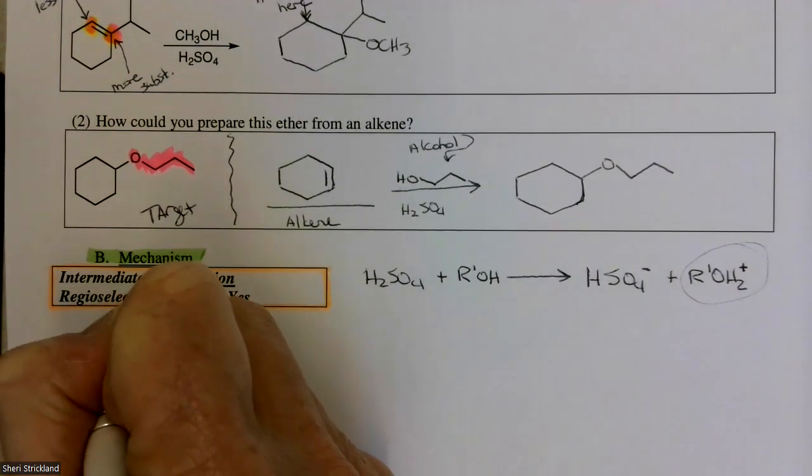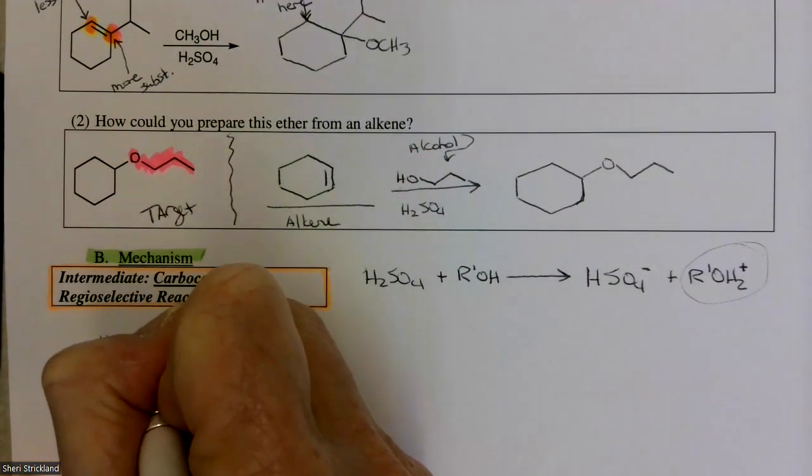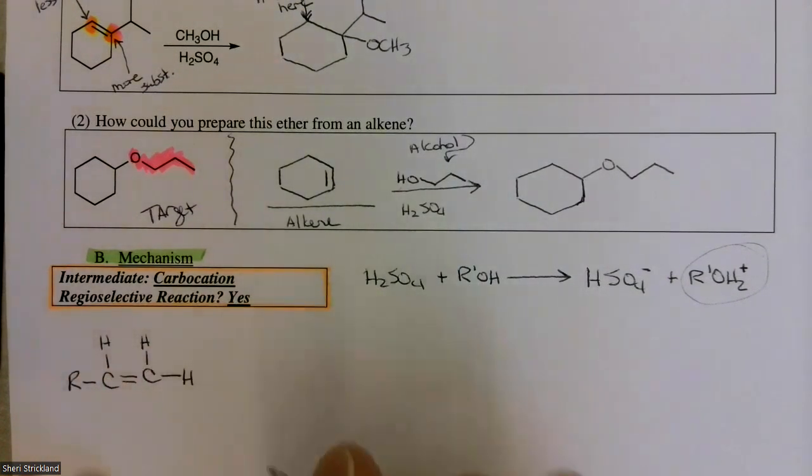So let's see how this goes. So here's our unsymmetrical alkene, and these general reaction patterns are done with unsymmetrical alkenes. They would work with symmetrical alkenes also.